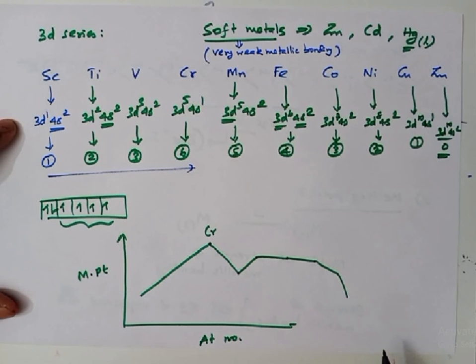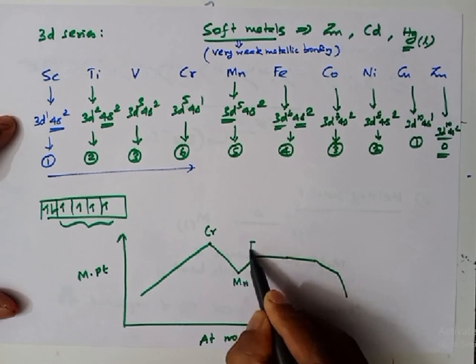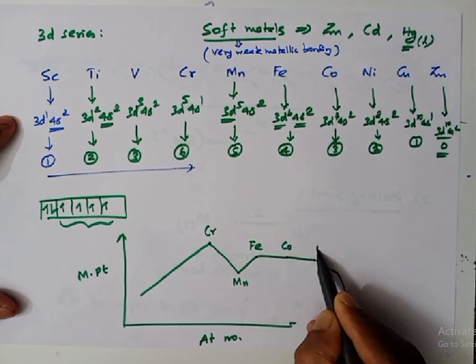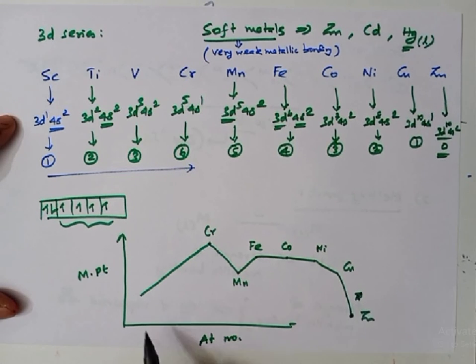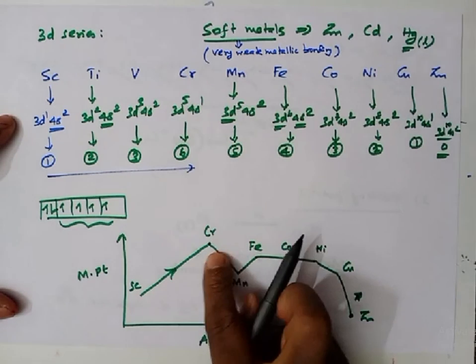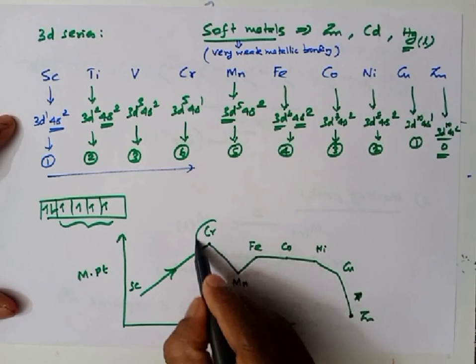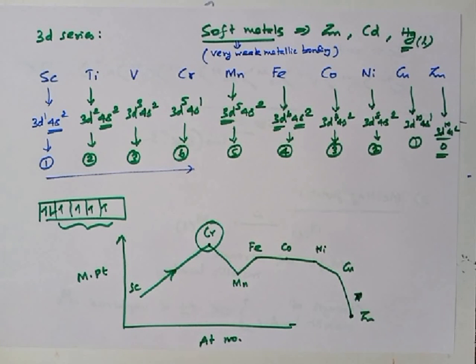Zinc has a very low melting point, the lowest among all d-block elements. From scandium to chromium, melting point increases, and it is highest for chromium in the 3D series, student.